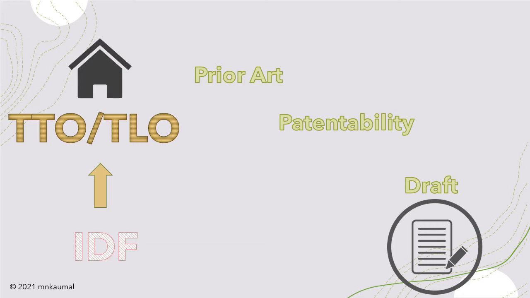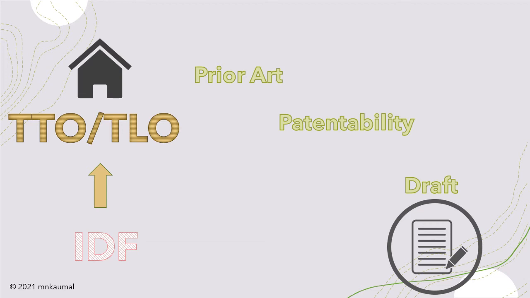Now, if you have something you think is novel, there's an innovative step and a utility is there, then you can talk to the TTO office. The first thing they'll ask is to submit an IDF. So what is an IDF? Information Disclosure Form. Based on this information disclosure form, you describe some basic features of your invention.